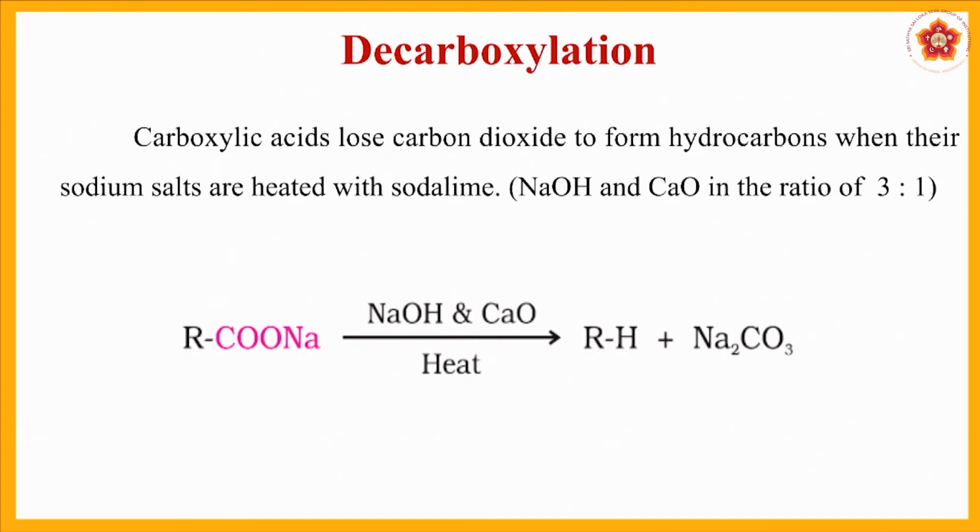This method is important because we generally get carboxylic acid compounds in large quantities, and if they can be converted into alkanes, it may be an economically sound process. So, this is about the decarboxylation reaction, which essentially means that the carbon and oxygen are removed from the compound.